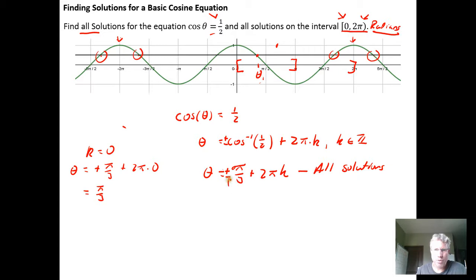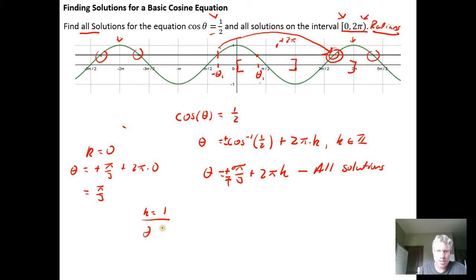And for the part of the equation that's minus, I recognize that the minus theta 1 is sitting over here. So I'm going to need to add 2 pi radians to it to get to the next point. This is to the left of the crest. So I'm going to go to the left of the crest, and add 2 pi to get to this guy. So I'm going to let k equal 1, and I'm going to get another solution.